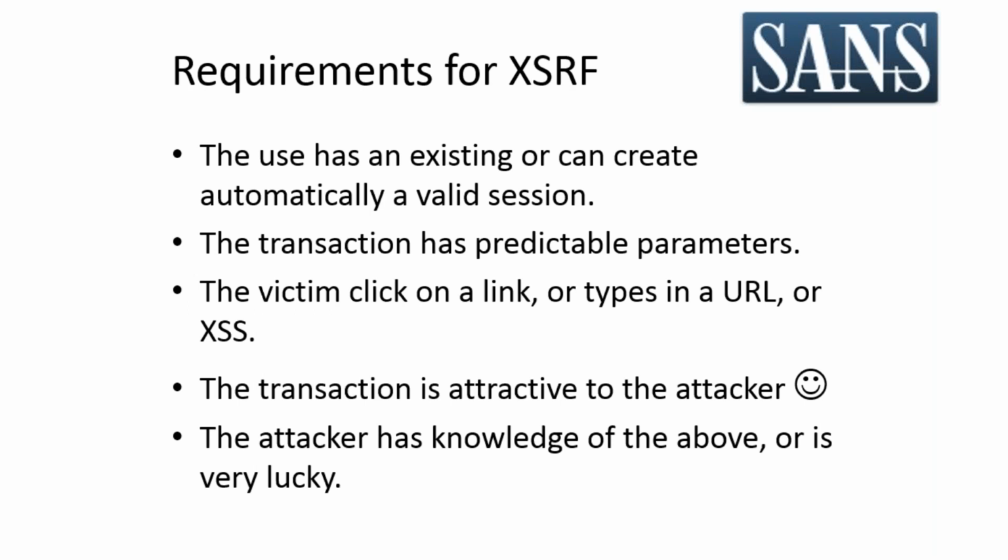So next, of course, besides parameters, and a session not being required, is that the victim clicks on a link or types in the URL. We had one case where we did an attack. We literally put the URL in a QR code and the user scanned it and boom, the attack occurred. Or cross-site scripting gives us cross-site forgery.